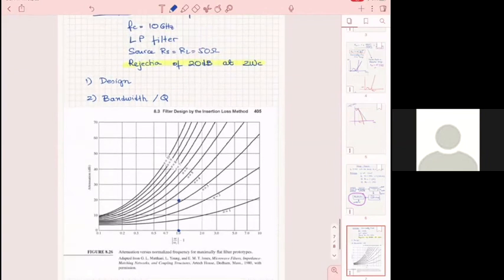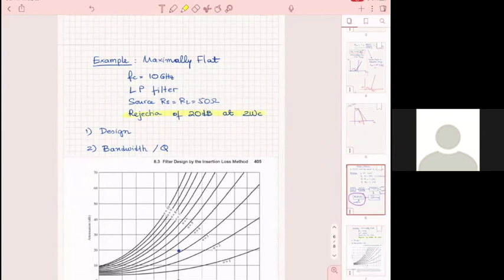I want minus 15 dBs instead of 20. Let's assume. Somebody has a question? Yes, why do you choose omega over omega c minus 1 equal to 1? That's where the 2, you see the 2 omega c?